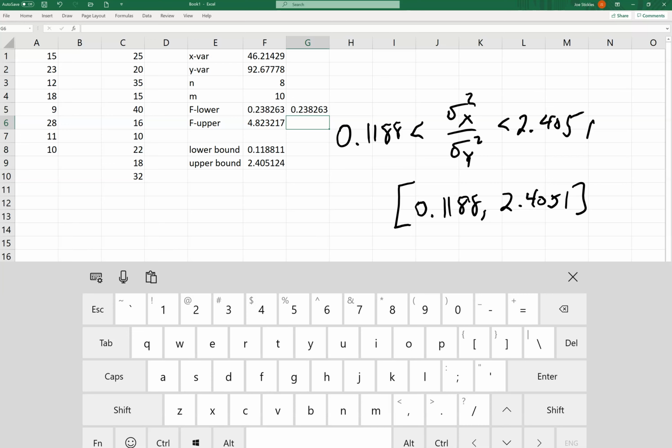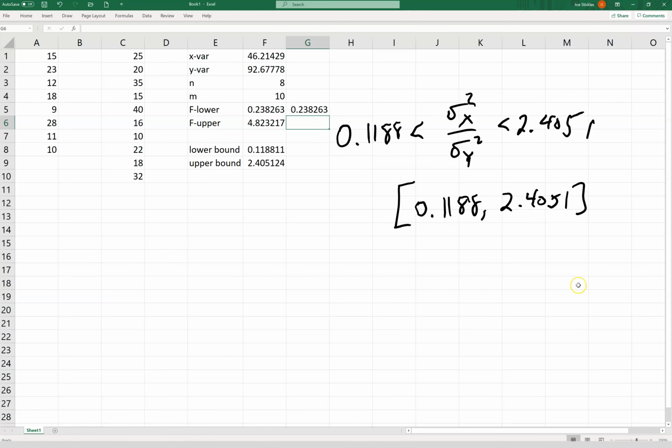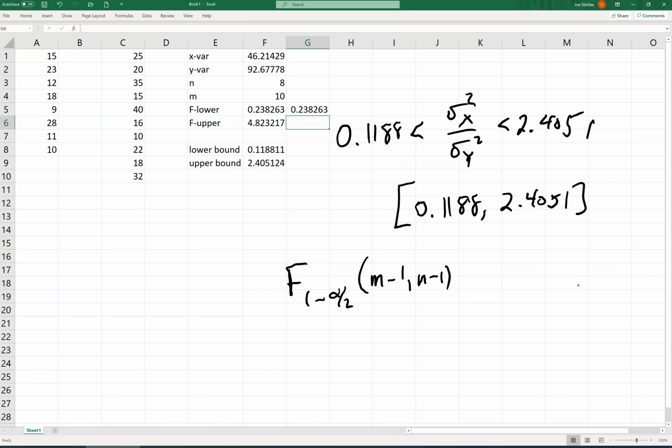The reason why that works, of course, is because when you do the reciprocal, all it's doing is flipping around what the degrees of freedom are. So you just end up with the percentiles getting reciprocated for the appropriate degrees of freedom. To write that down, it's not something that we're going to use a lot, but if you want F sub 1 minus alpha over 2 of m minus 1, n minus 1, actually the minus 1s don't matter, I'll just write it as r and s.